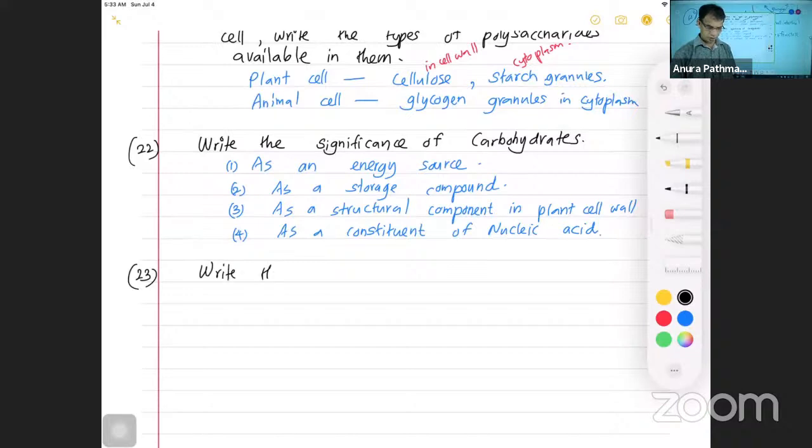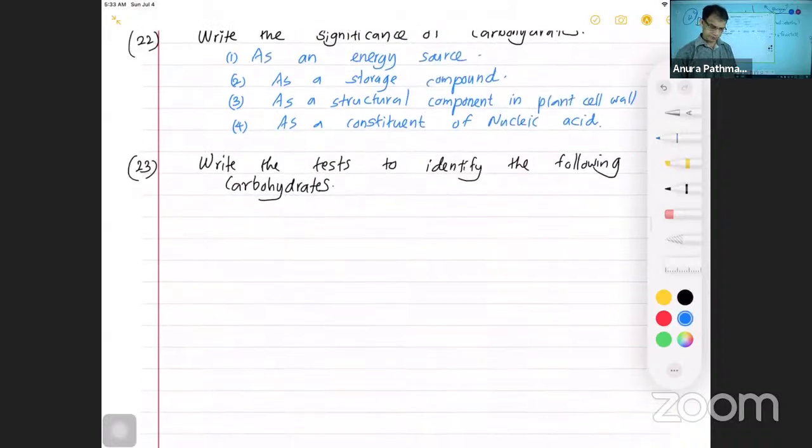Write the test to identify the following carbohydrates. Mention the chemicals used.